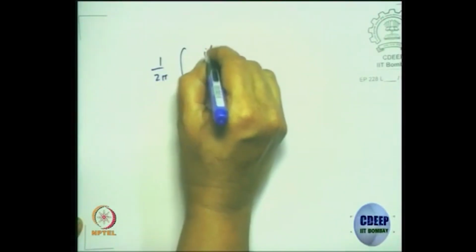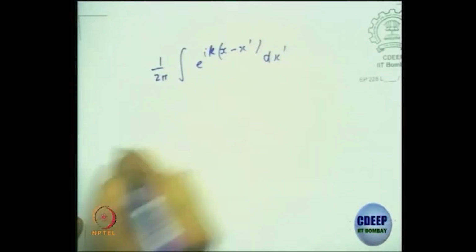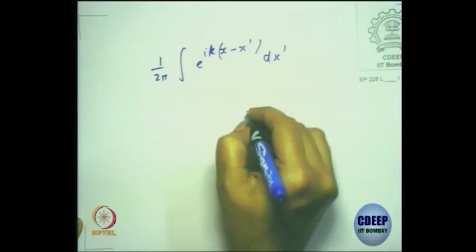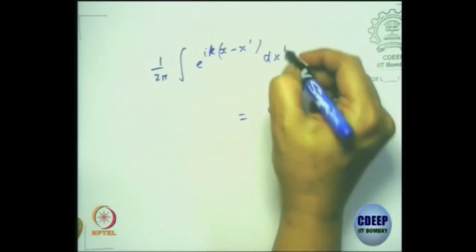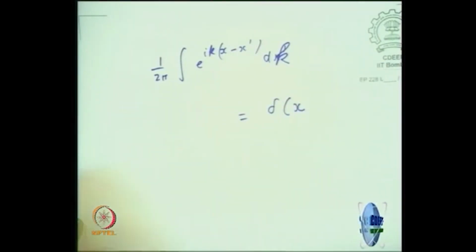Do you know what the Dirac delta function is? Yes or no? So 1 over 2 pi integral of e to the power of ik(x minus x prime) dx prime is what? Delta function. Something wrong. dk. Is that correct?